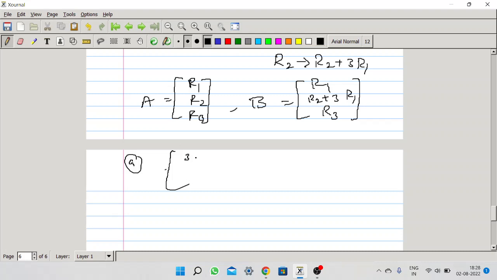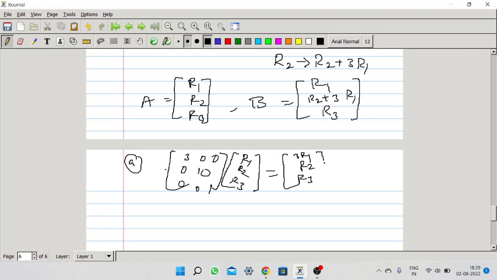It is given 3 0 0, 0 1 0, 0 0 1, times A. A is nothing but R1, R2, R3. So what we will get? This is 3 times R1, R2, R3. This is not equal to B.